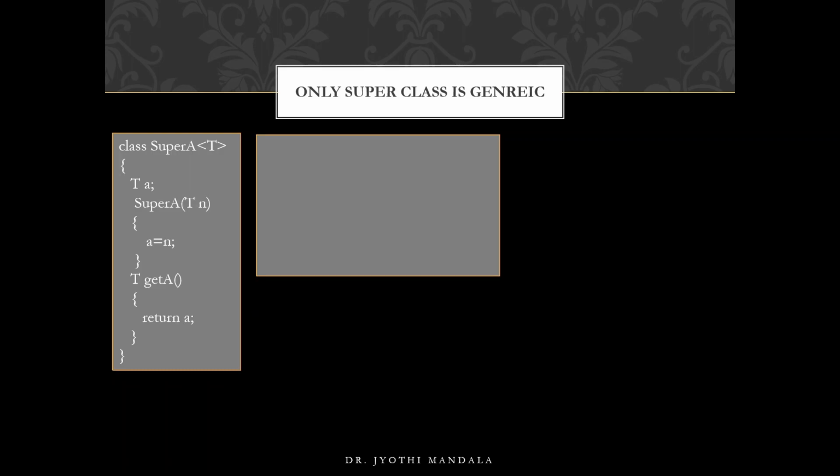Now I am taking one more class called SubA. This SubA class extends SuperA. Now this SubA is not a generic class. Observe here, only our superclass is a generic class. So SubA is extending the properties of SuperA. SubA has its own constructor, and it is not a generic class.